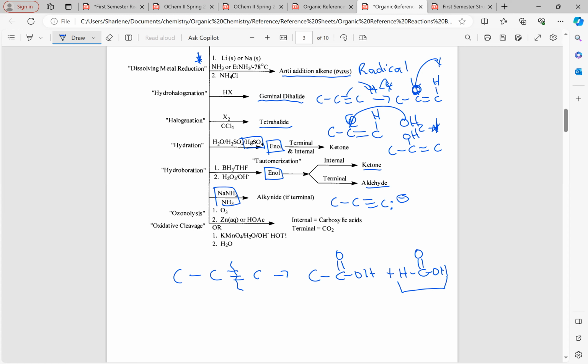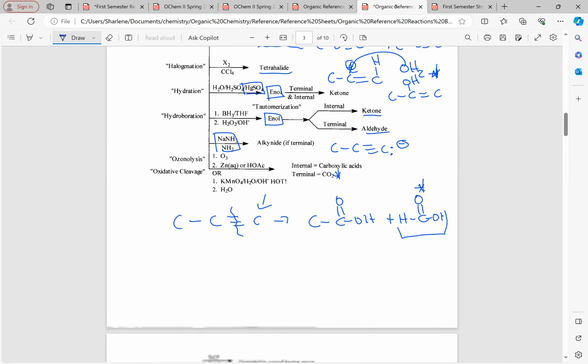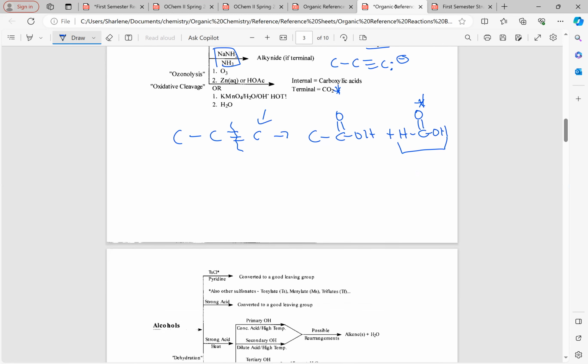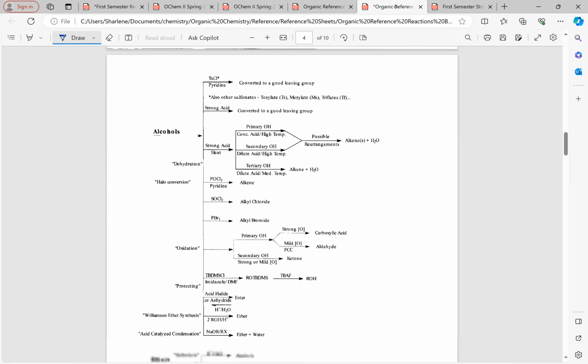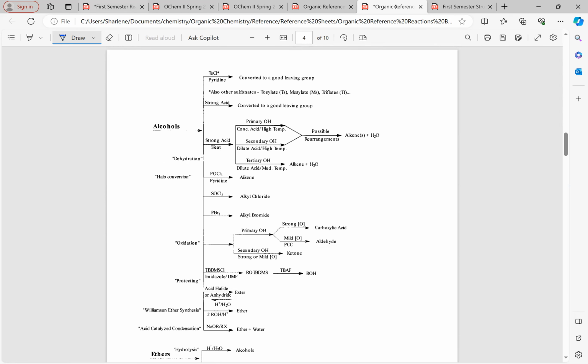So if it's terminal, I generally jump straight to this or this one. I try and be consistent, but I'm not. I'm sorry about that. So that one in CO2, just know that terminals can cleave off into CO2.